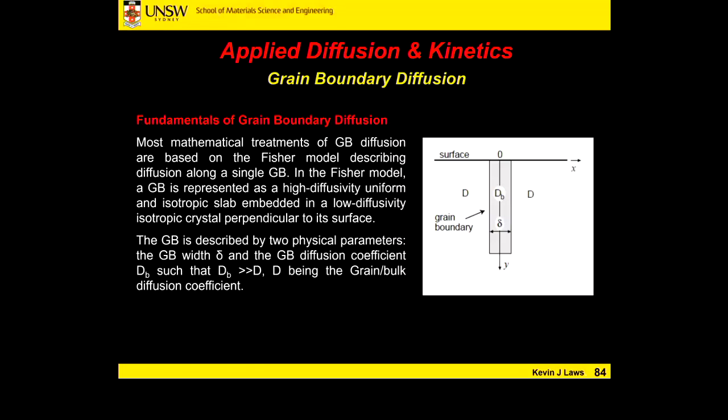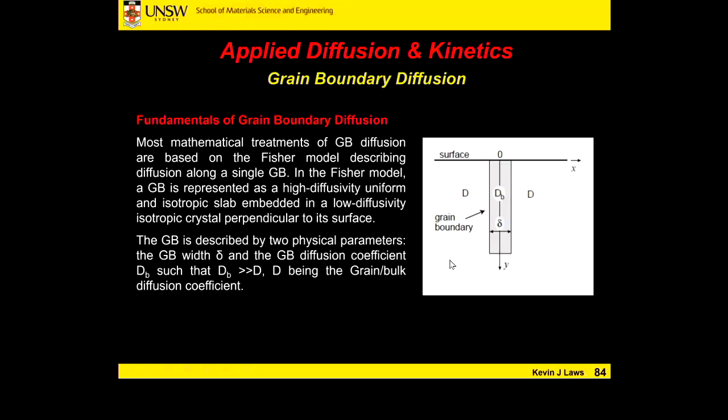So the way the Fisher model works, the grain boundary is represented as a high diffusivity, uniform, isotropic slab embedded in a low diffusivity, isotropic crystal, perpendicular to its surface. A lot of assumptions there. In this isotropic slab of material, the diffusion coefficient D_B, the diffusion coefficient of the grain boundary, typically is going to be much, much higher than the diffusion coefficient of the lattice, within the body of the grains.